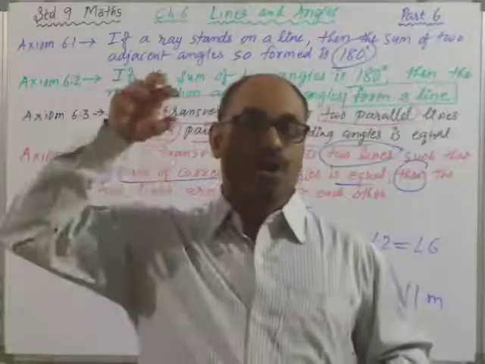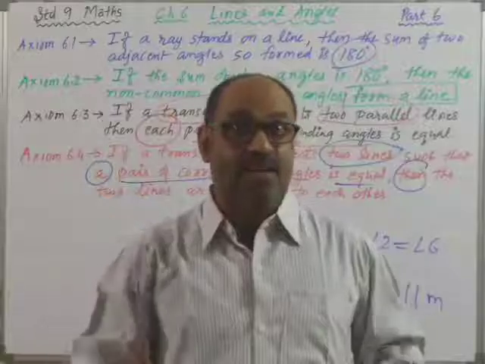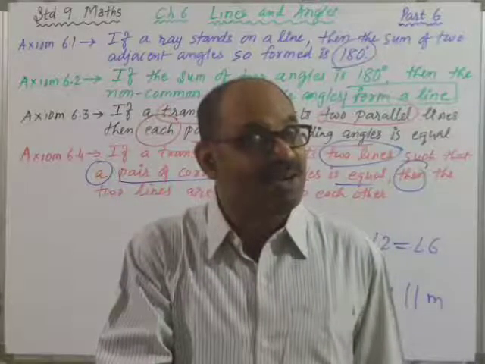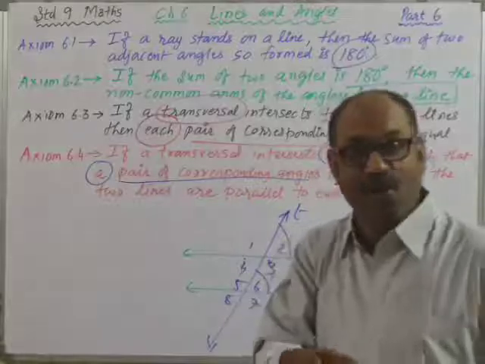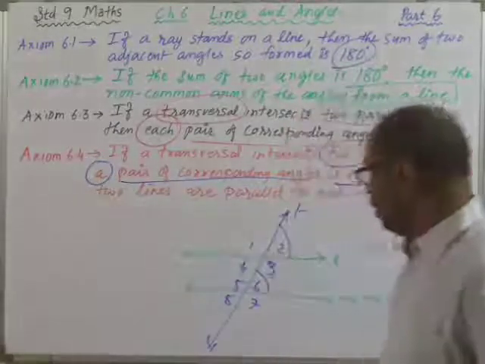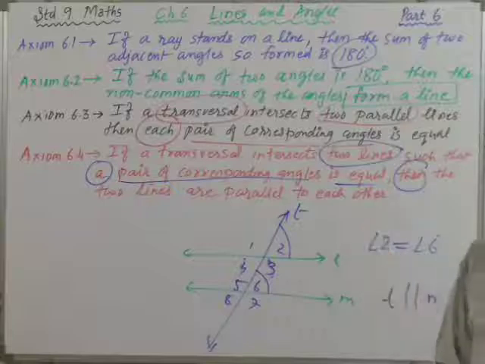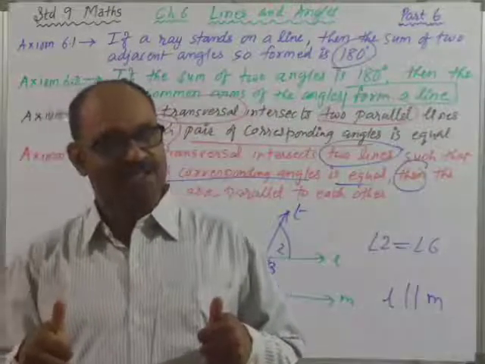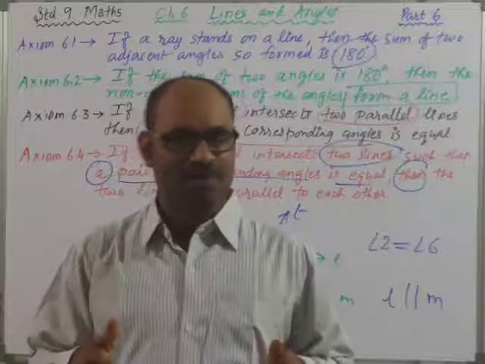If you have to show that two lines are parallel, then we will have to show that a corresponding pair of angles is congruent. Because if the corresponding pair of angles is congruent or equal, then by axiom 6.4, these lines will be parallel. Did you get it? Did you understand both the axioms? We'll use it very soon.